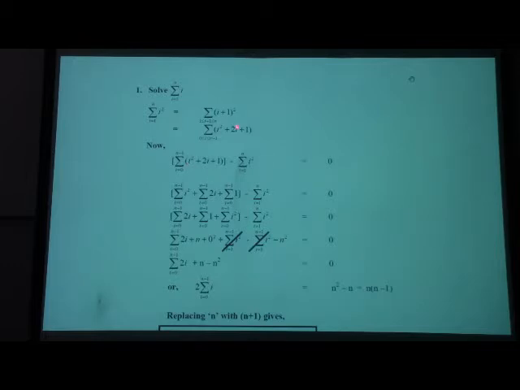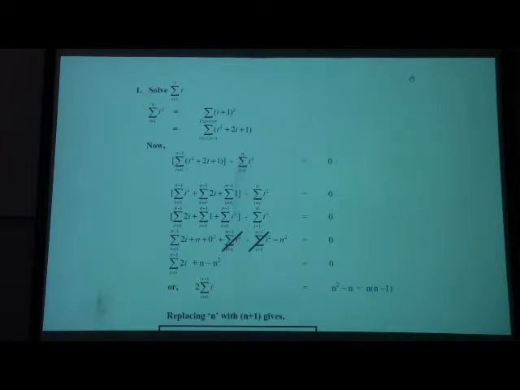So now the summation of 3 terms is 3 summations. So what I have is the summation from 0 to n minus 1 of i squared, plus the summation from 0 to n minus 1 of 2i, plus the summation from 0 to n minus 1 of 1, minus this, equal to 0. Everybody with me?